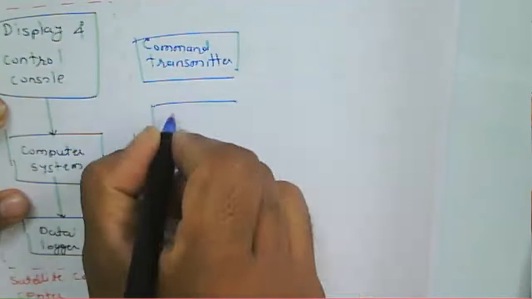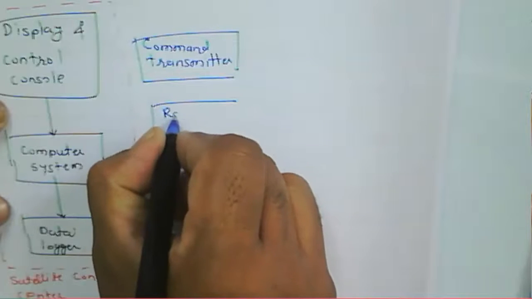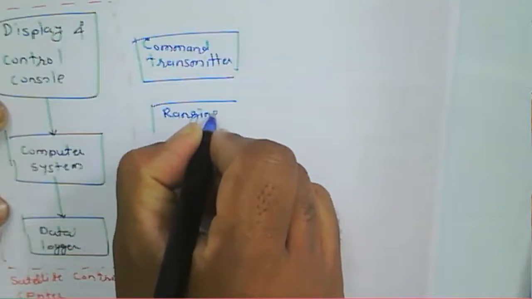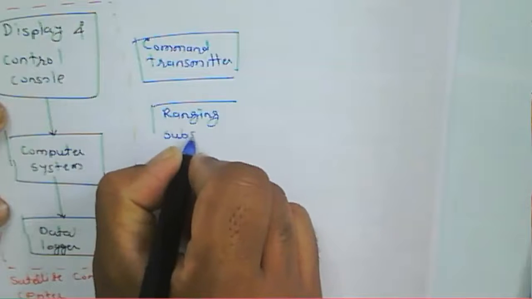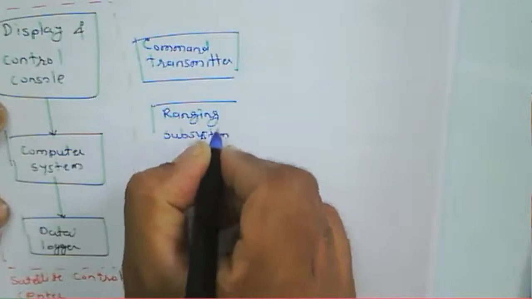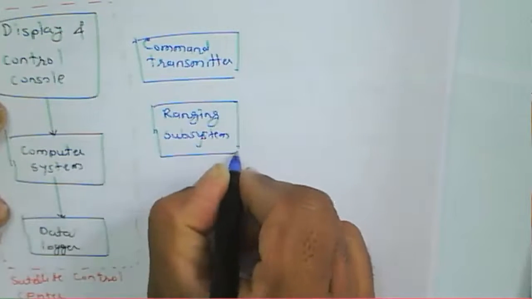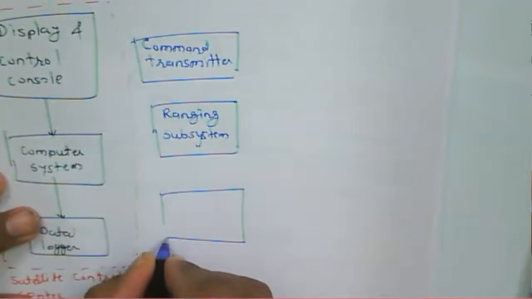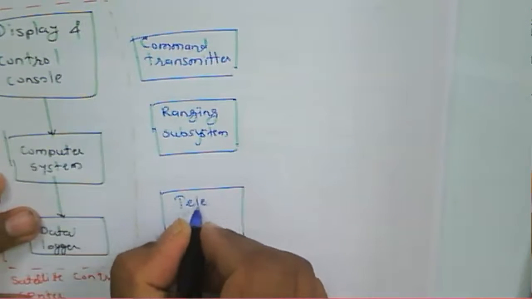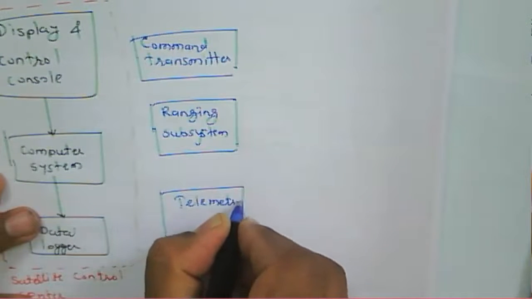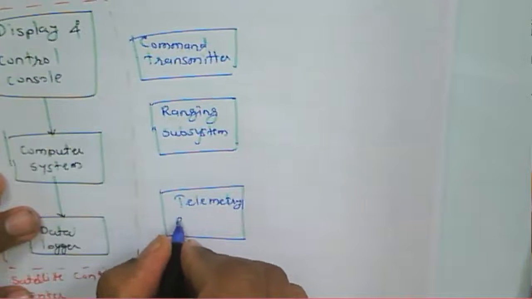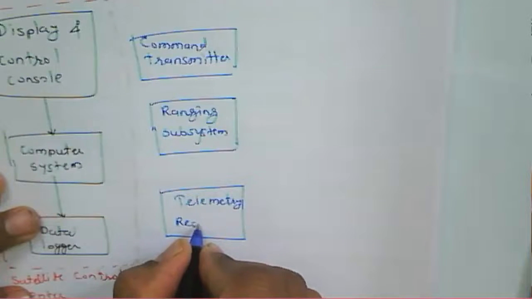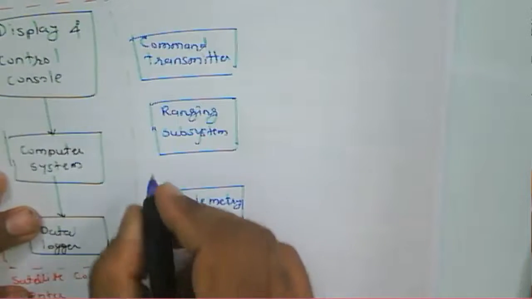Then we have the ranging subsystem. Then we have the telemetry receiver.